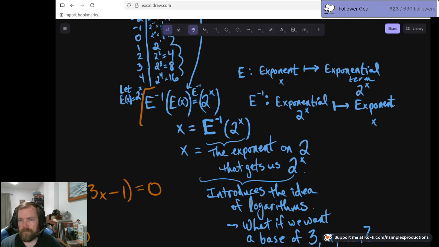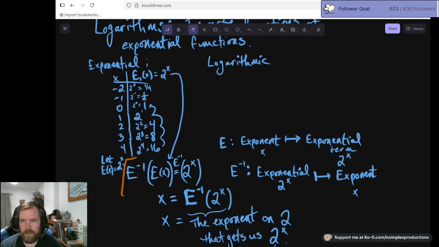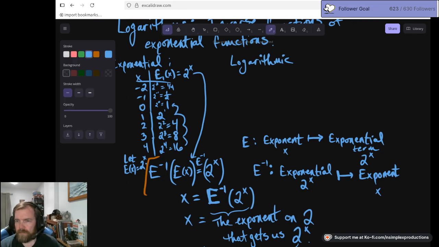Anyway, in order to do logarithmic, we want the e inverse of x to be equivalent to our new inputs of x.